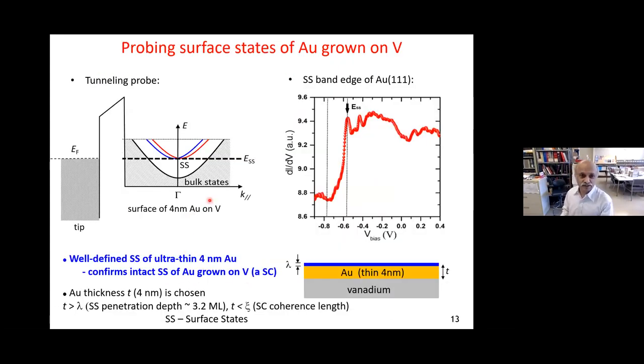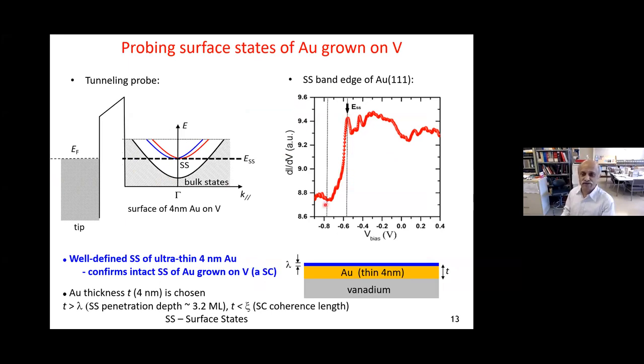Now, another thing, of course, we want to make sure that the surface state is still intact. So we can use STM to study the surface state, and you can see the tunnel conductance. This is a schematic of the tunneling. You have the surface state of gold, and then you move the band with respect to the other electrode. Then you find that there's a singularity developing in the tunneling conductance.